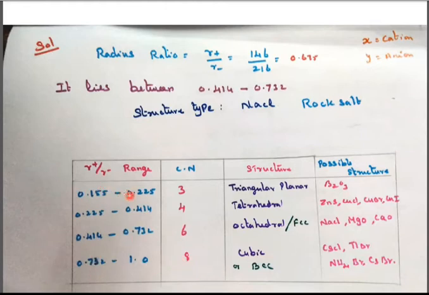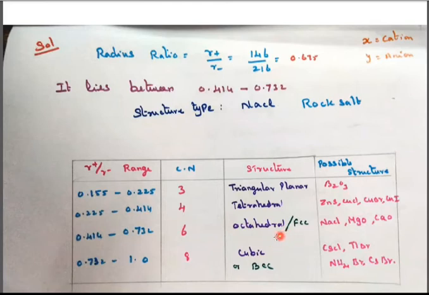So the coordination number is 3, 4, 6 and 8. 3 means triangular, 4 means tetrahedral and 6 means octahedral. If it is octahedral, it means FCC. HCP and CCP, hexagonal close packed and cubic close packed, both belong to FCC only.